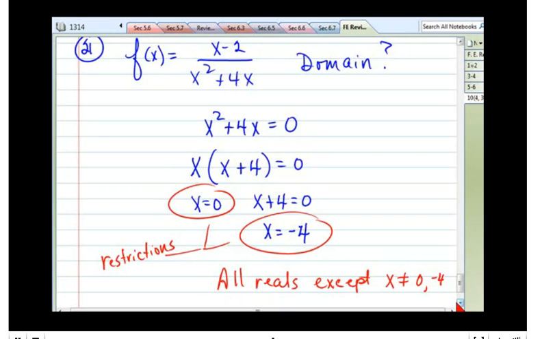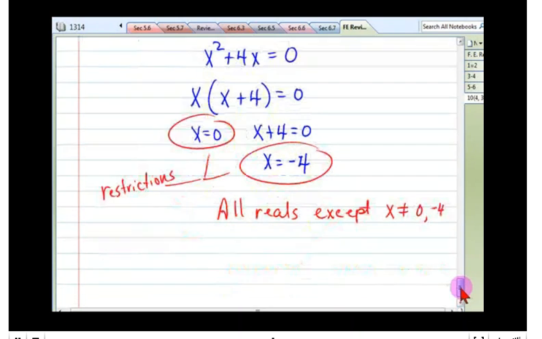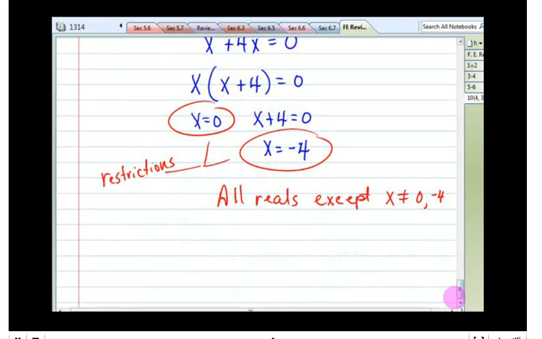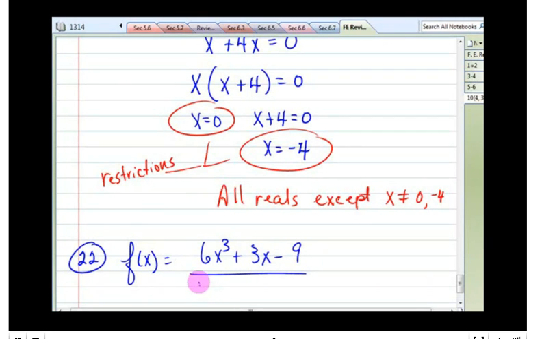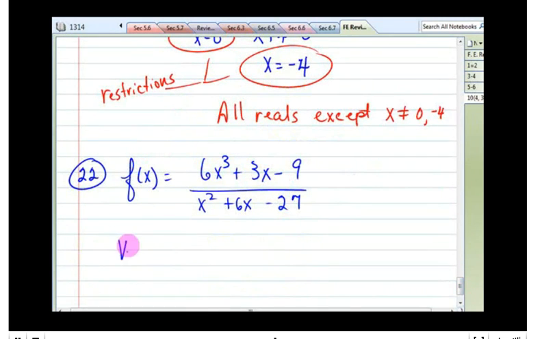All right. Okay, questions? Anybody? Stop me if you have one. All right, 22. We have this thing over this. And we're not asked the domain, we're asked to find vertical asymptotes.